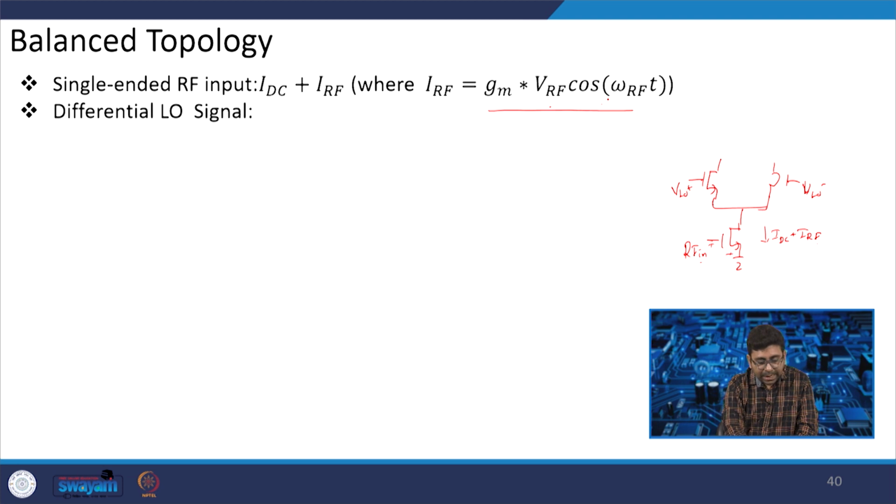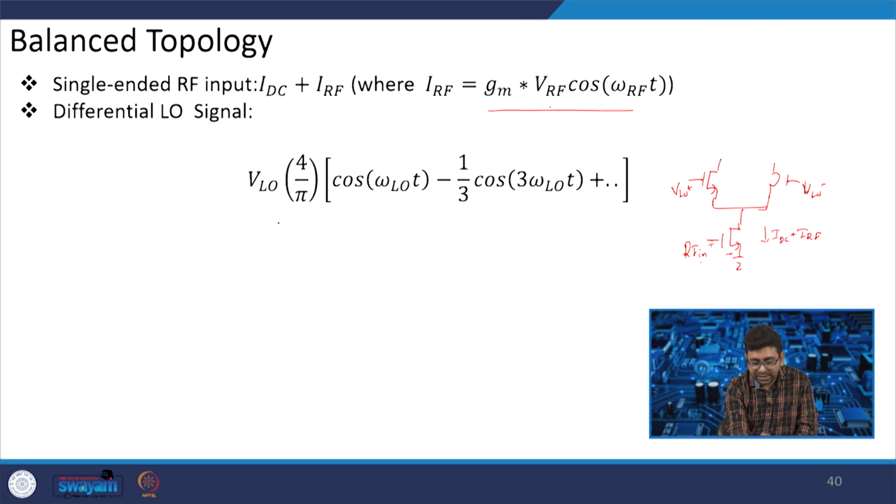And the differential LO, you can represent as 4 by pi cos omega_LO t. We have used the same equation for all the square LO.